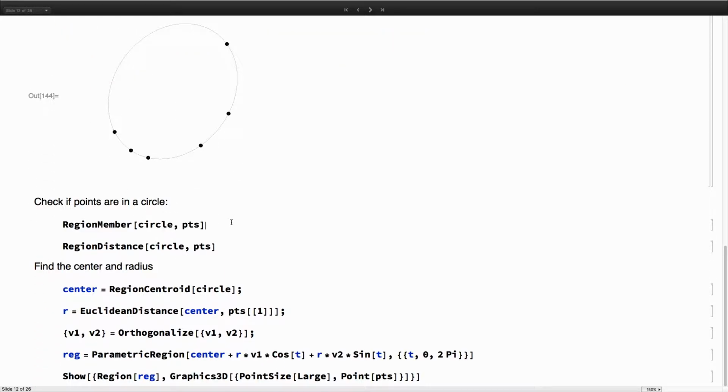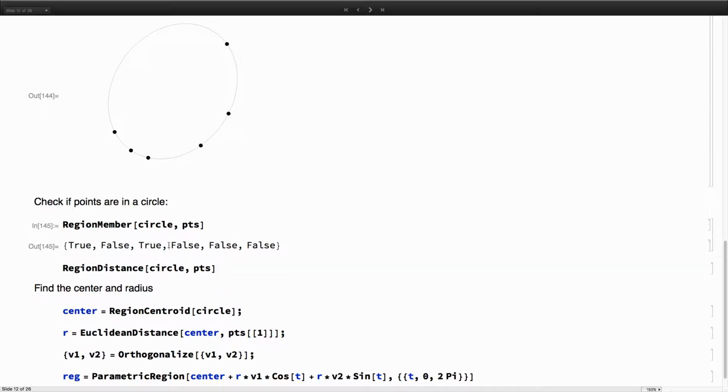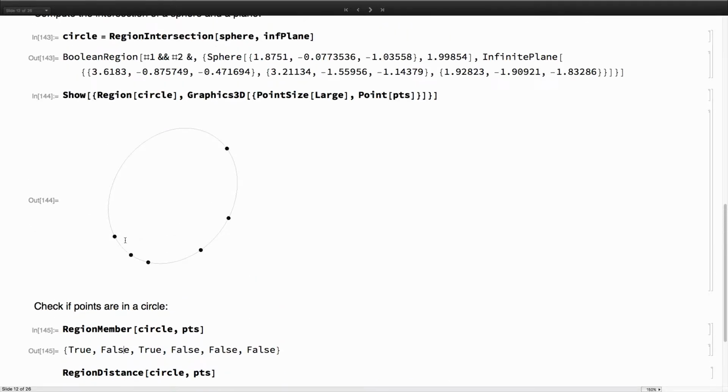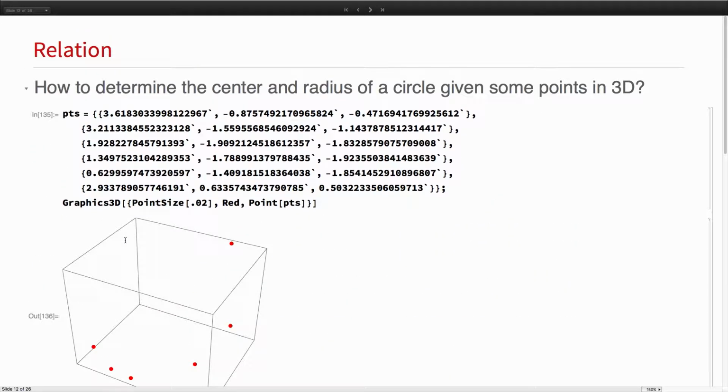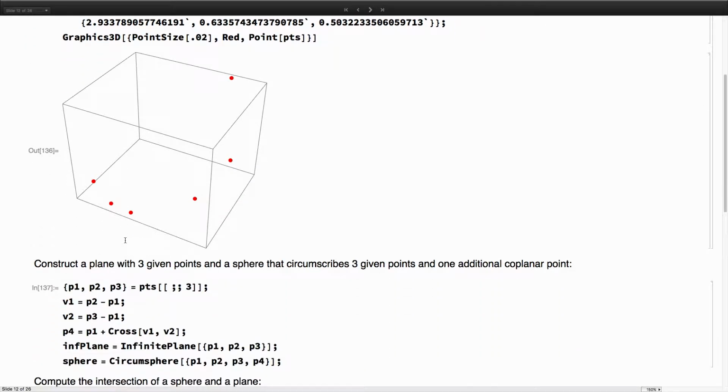And to verify it, I do RegionMember, but here, surprisingly, we got some false cases. This is due to numerical error, right? The given points were numeric. If you plug in the exact numbers, this will be true. But it's a really thin line, and it's hard to tell in or out with numerics because of the digits and accuracy.